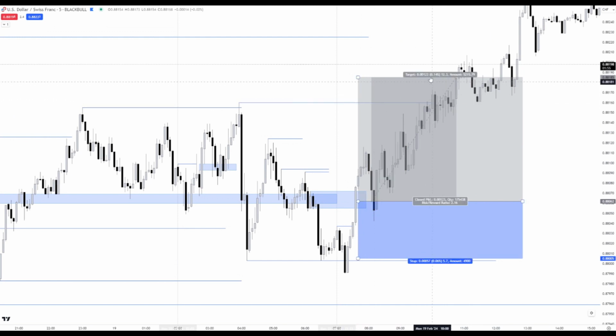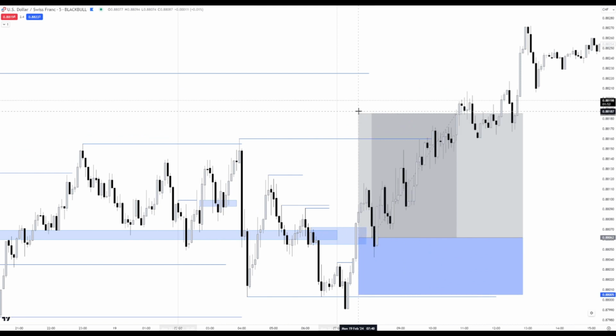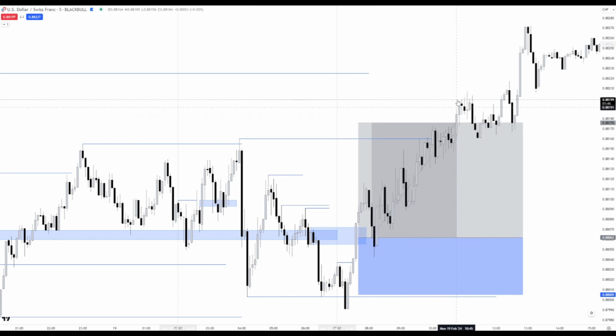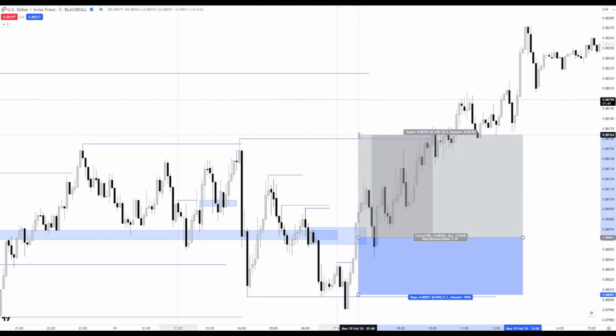I take some profits here, then I expected to go to the 2R, which was here. Then I take my last profits here. I took, if I'm not mistaken, around 75% here, because as you can see the London high was already 1.7. So I put on the last 25% of the trade on the 2R.